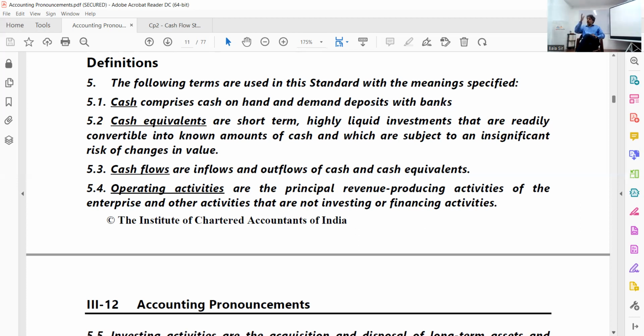So what is an investing activity? Example, let's say you want to run your business. Definitely, you have to purchase a building, property, plant, and equipment. You purchase a machine which has a life of 10 years, and your business will have a life of?